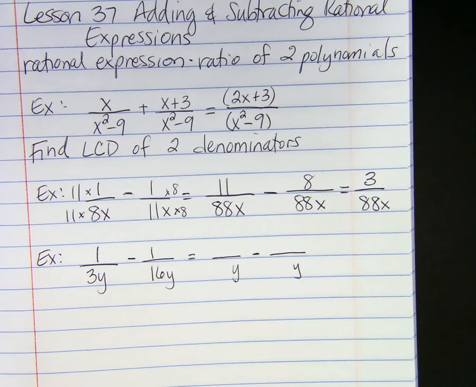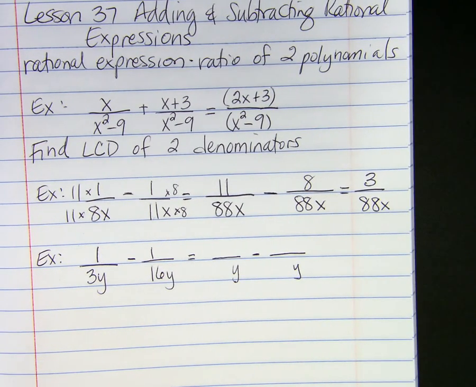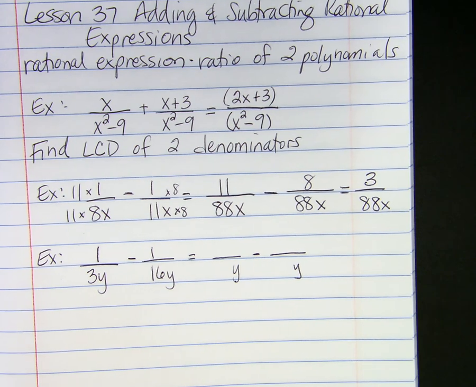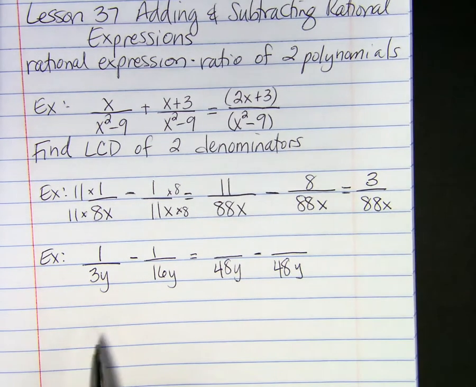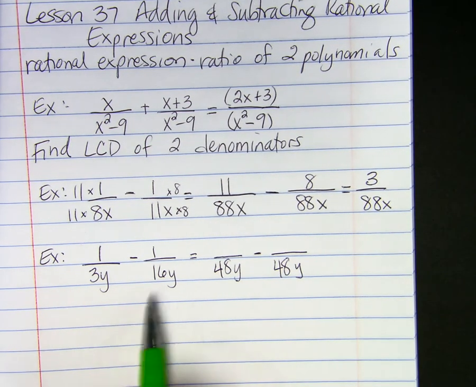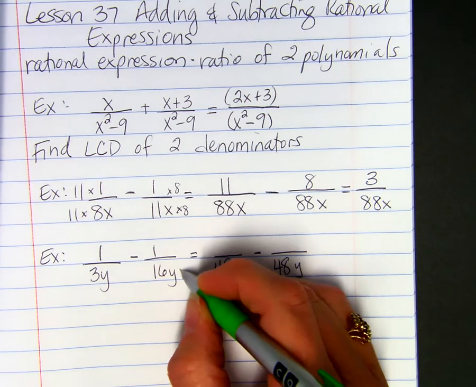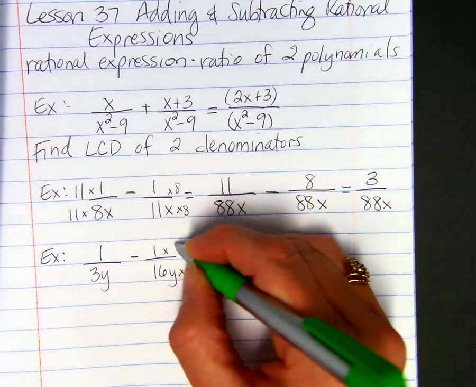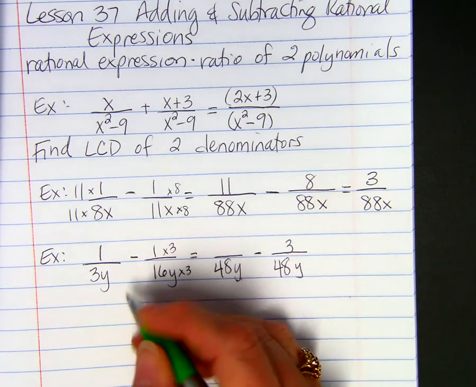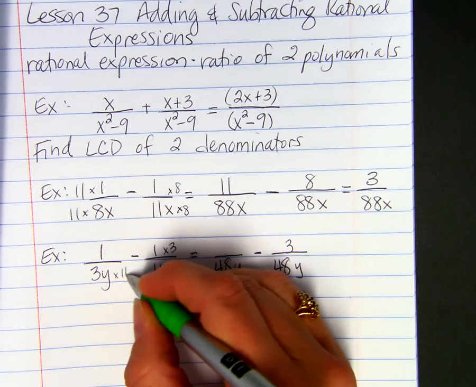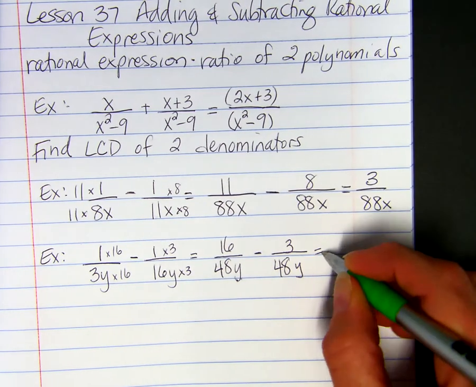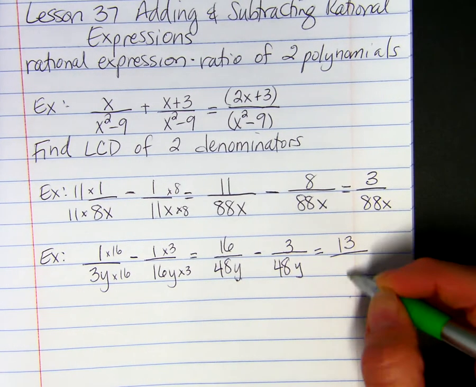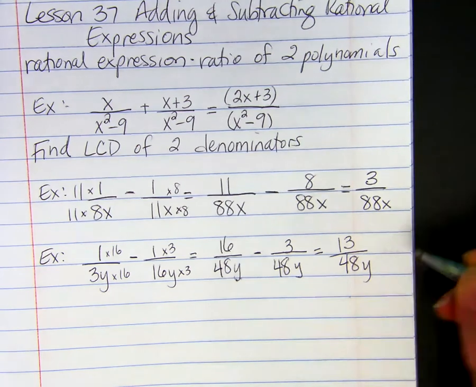Spencer? Never mind. Carter? 48 is correct. I was going to say 32, but that didn't work. So we had to multiply 16 by 3 to get 48. So we do 1 by 3 and get 3, and 1 by 16. So 16 minus 3 is 13 over 48y.